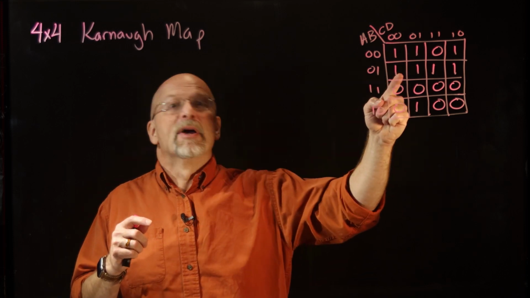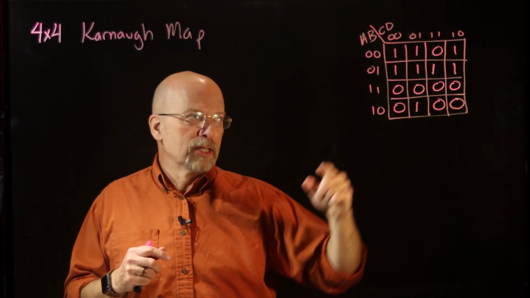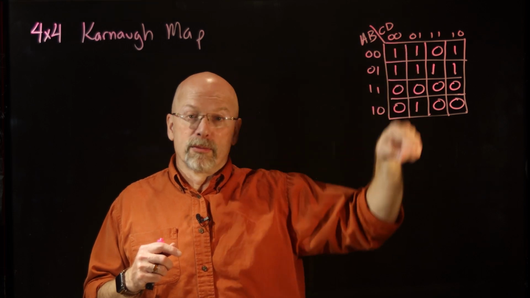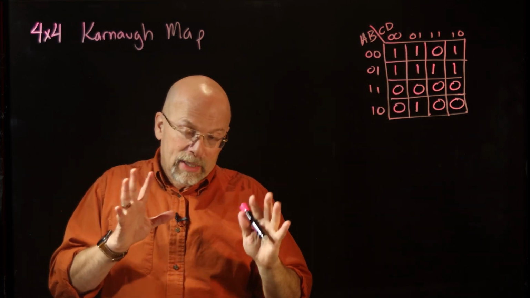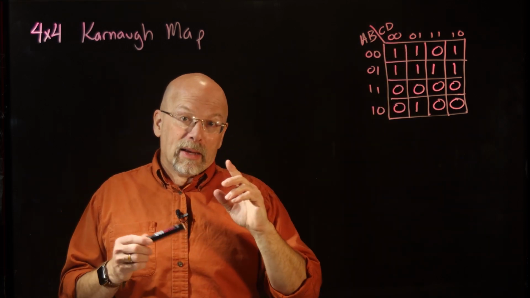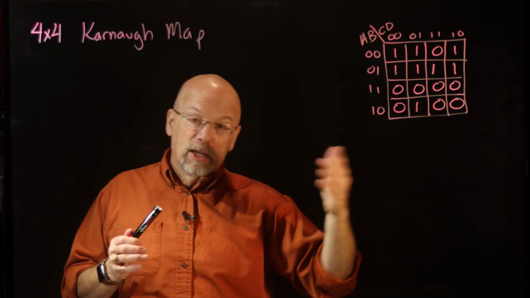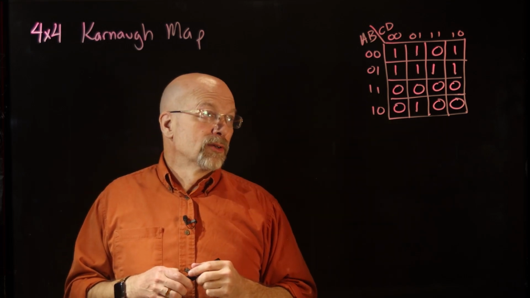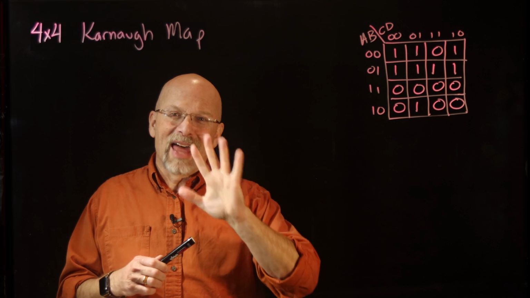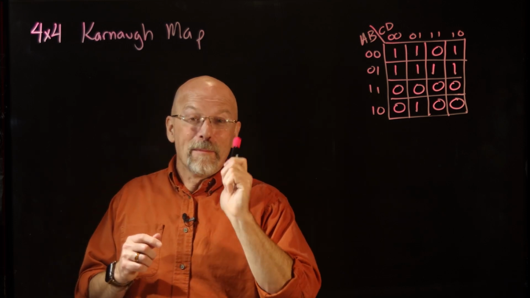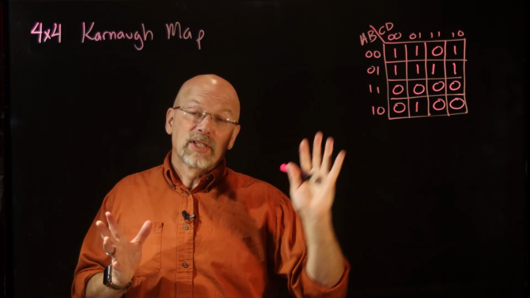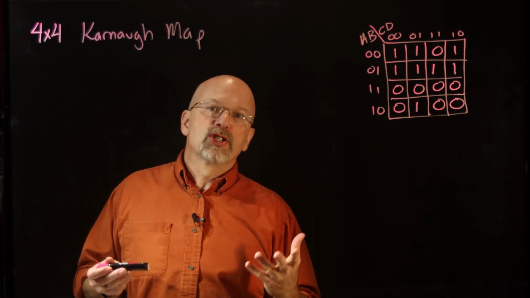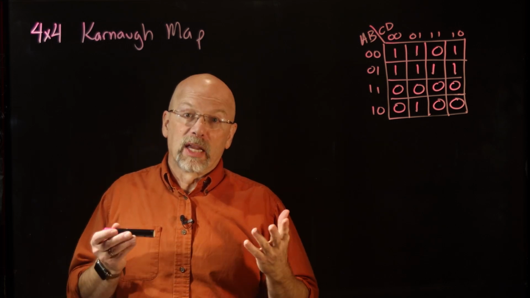Rectangles can overlap from one edge to the other edge, or from left to right, or from top to bottom. So the rectangles can go across boundaries. So let's go ahead. Oh, and the last rule, and this is the rule that makes it so that the resulting sum of products expression is the most simplified sum of products expression we can come up with.